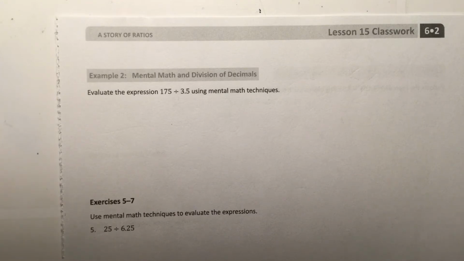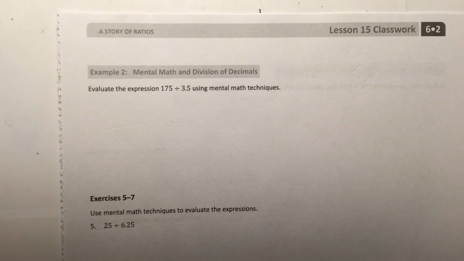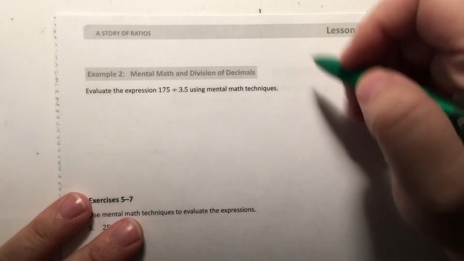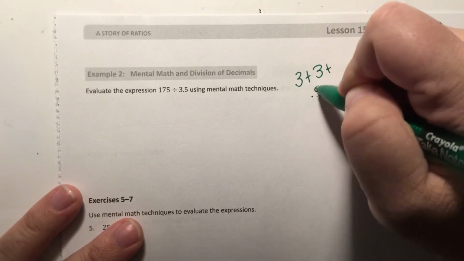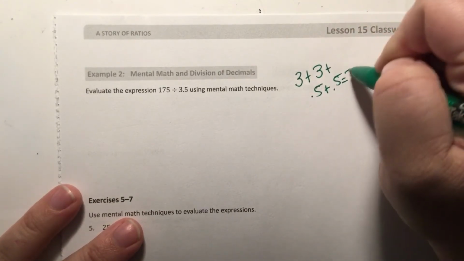So if we have 175, if we multiply them by 2, that gives us a whole number, right? I think it does. So 3.5 and 3.5, you have 3 and 3 is 6. 0.5 and 0.5 is 1. So 6 and 1 is 7, right? So 3 plus 3 plus 0.5 plus 0.5 equals 7, right?